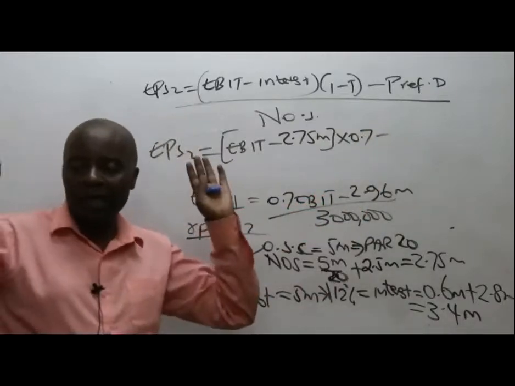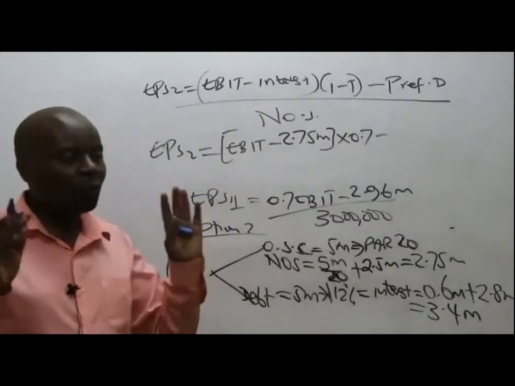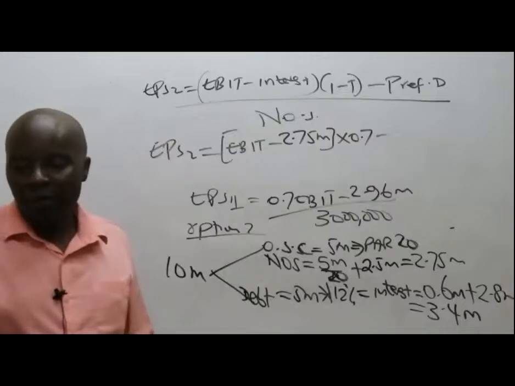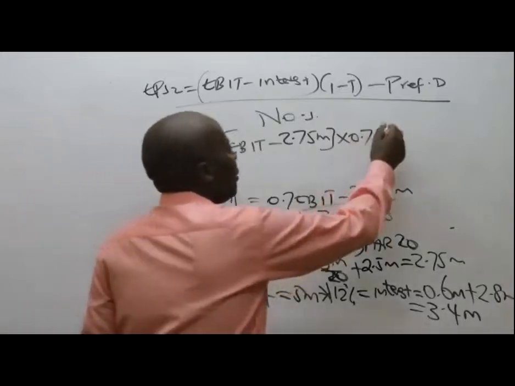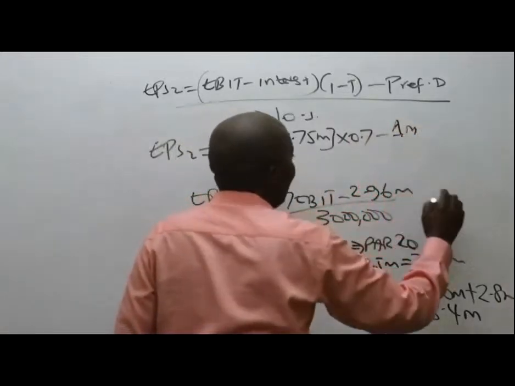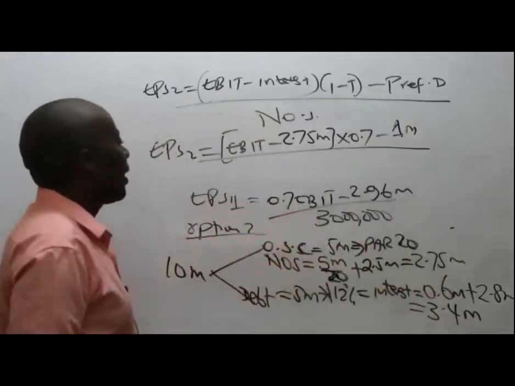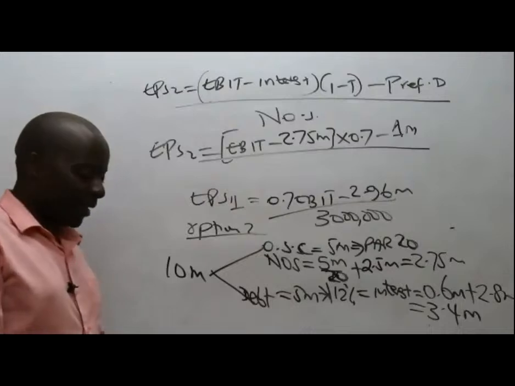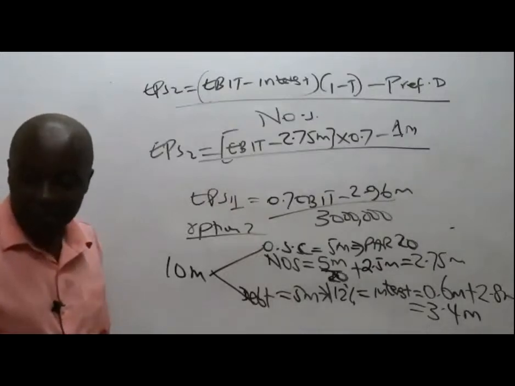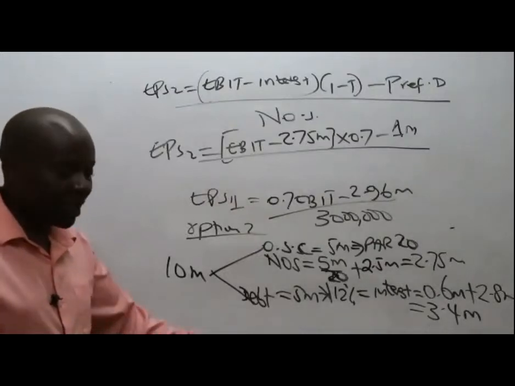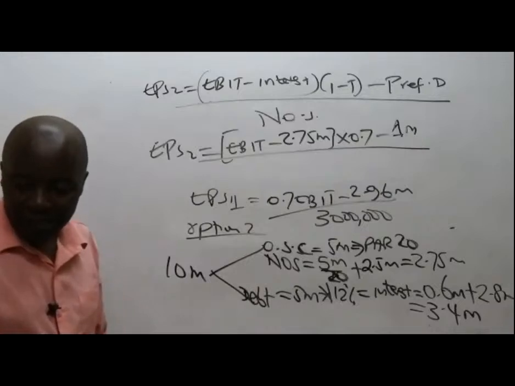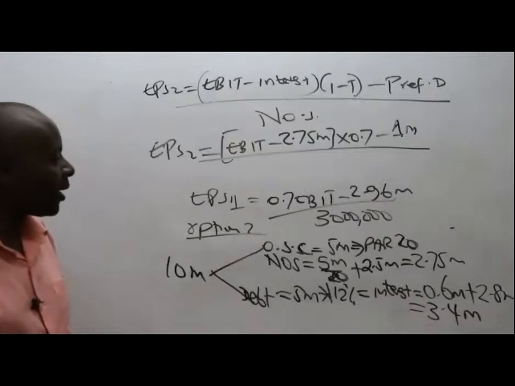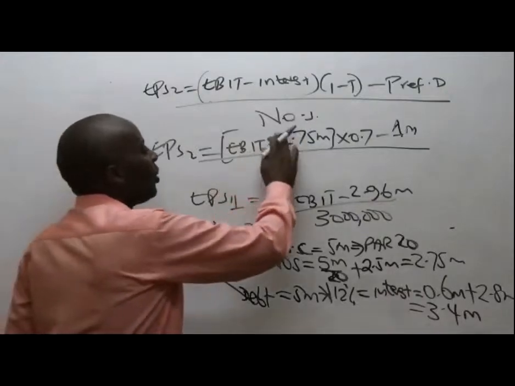Unfortunately, I've forgotten mine. What was the total preference dividend? Not 3.4, 1 million. The total preference dividend is 1 million, divided by the number of ordinary shares, which is how many? Interest, I'm being told here, is 3.4.